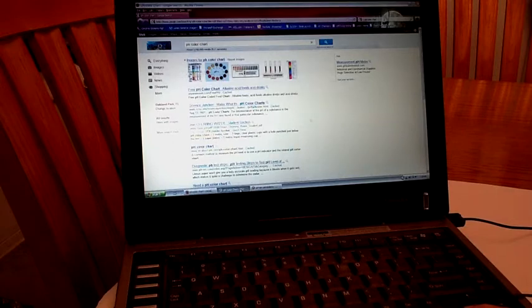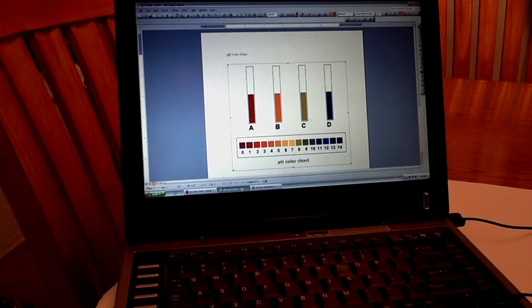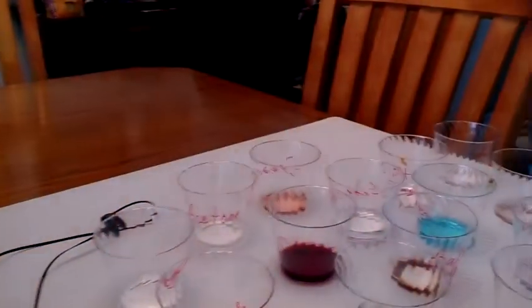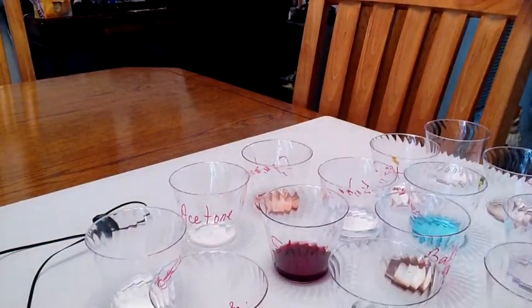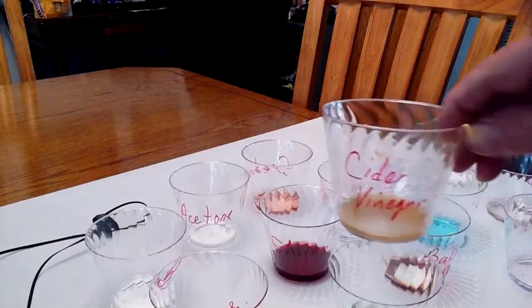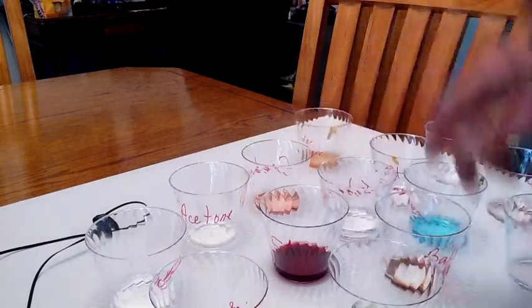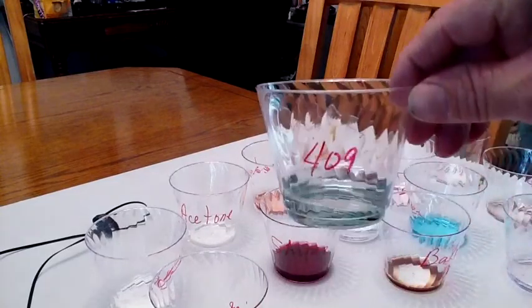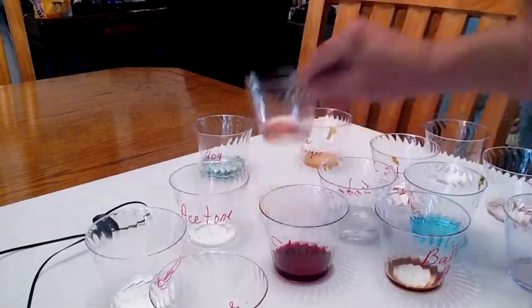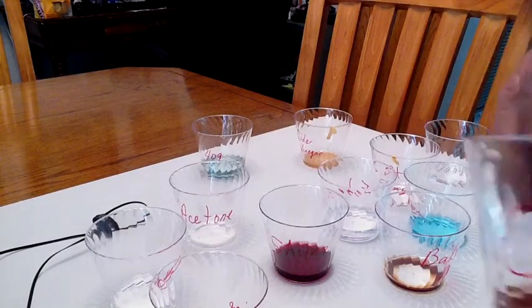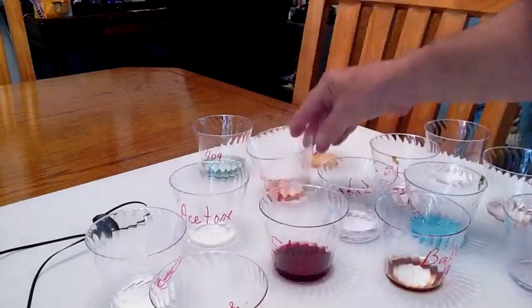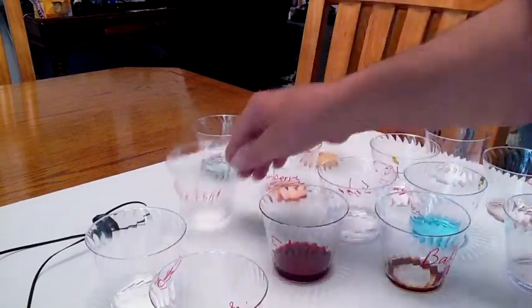Going back to our chart here, I took several different solutions. For example, I had cider vinegar. I took its pH and it was a 4. I've got some 409, cranberry juice, acetone. Acetone is nail polish remover.